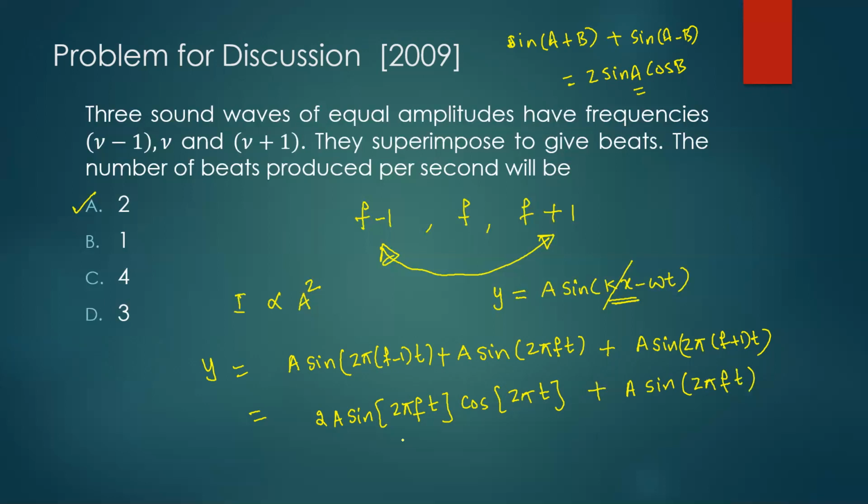So now here, if you see, I can write it this way. I have A as a common factor, and then I write (2 cos 2 pi t plus 1) into sine 2 pi f t.